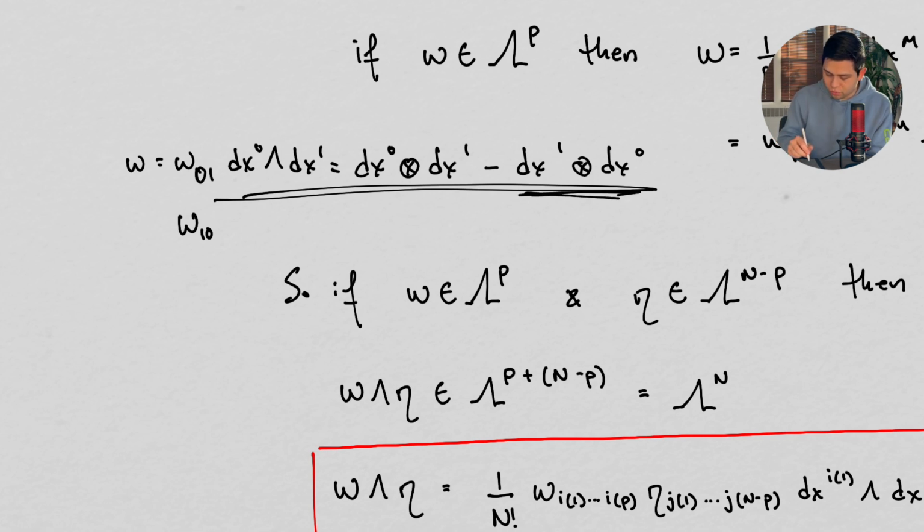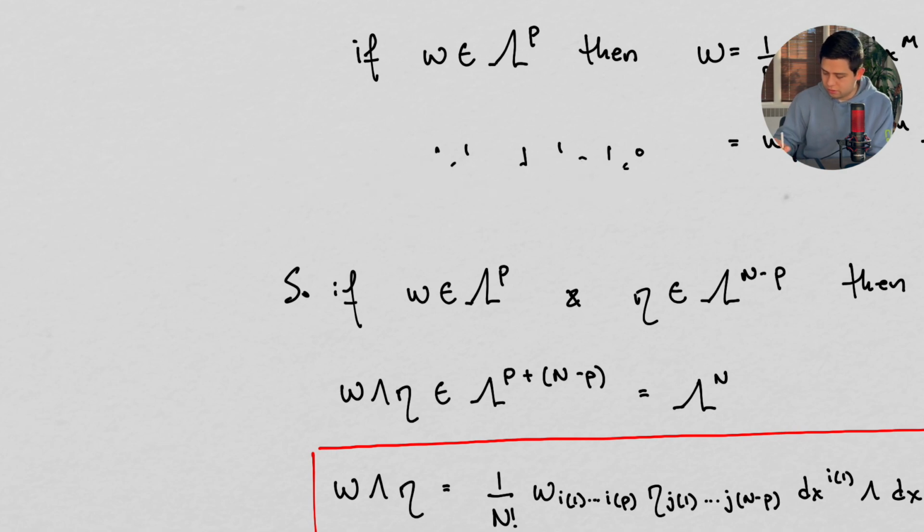So omega 0,1 already encapsulates omega 1,0, so we need to account for that, and the way we account for that is by dividing by 2, which is also the same thing as 2 factorial. And when you do all of that for, say, 3-forms, 4-forms, 5-forms, it just becomes 2 factorial, 3 factorial, 4 factorial. We're just accounting for that replication.